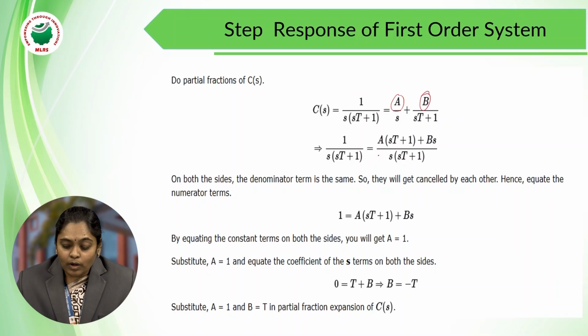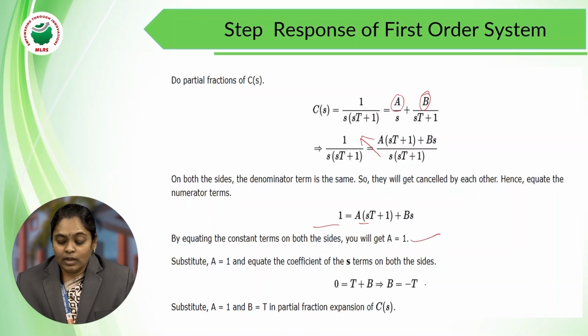Just cross multiply, so you will get 1 equals A(sT plus 1) plus Bs. Equate the terms and equate the powers of s on both sides, so that you get A equal to 1 and B equal to minus T.